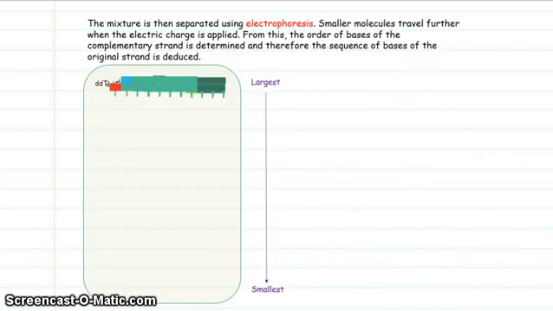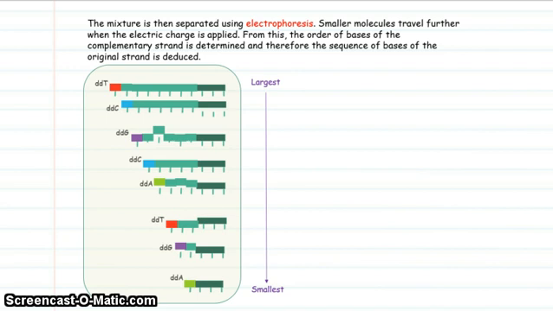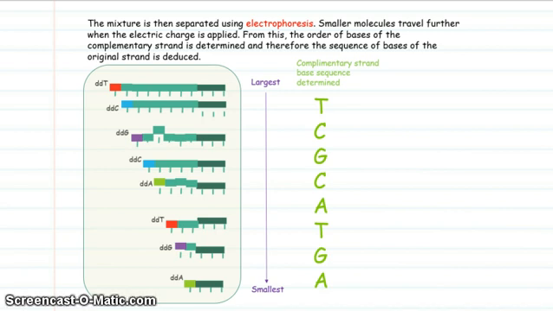What happens then, once that reaction has been allowed to proceed, is you take that reaction mixture and apply electrophoresis to it, which is basically separation using an electric current. The smaller molecules will travel further than larger molecules, and what you ultimately have there is your sequence of bases as they appear on the complementary strand.